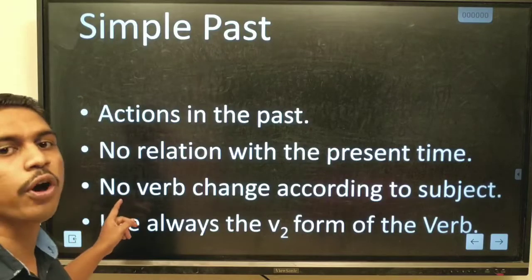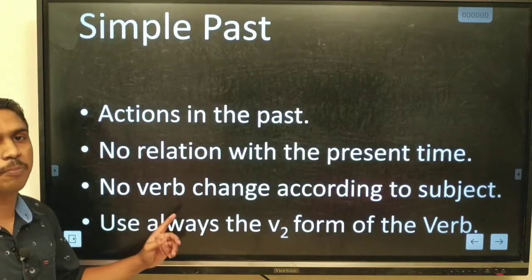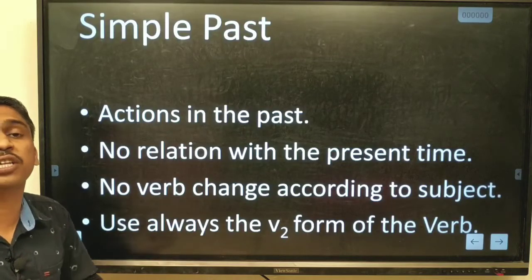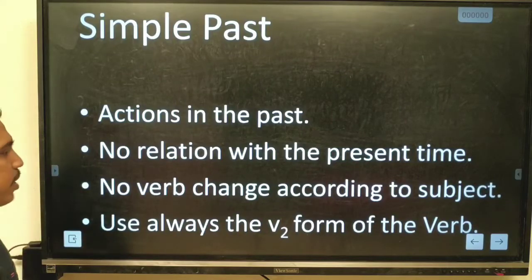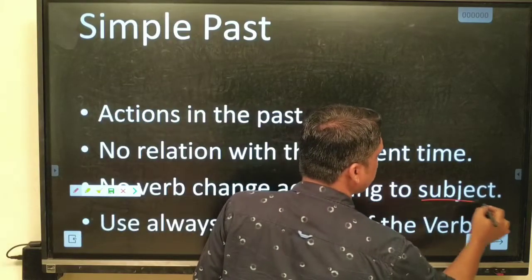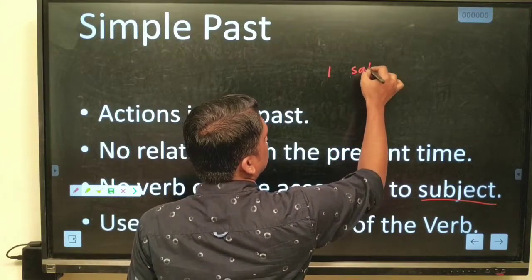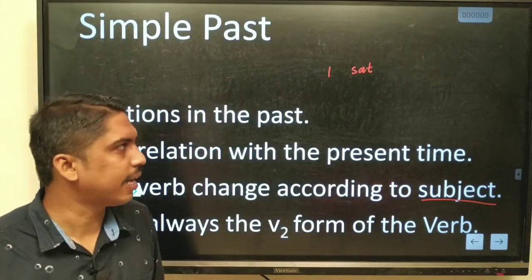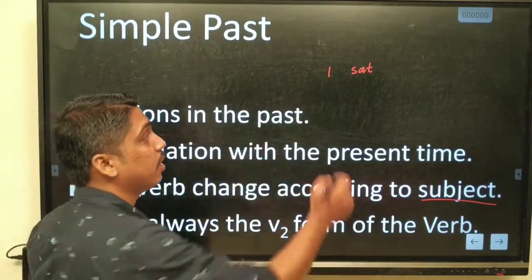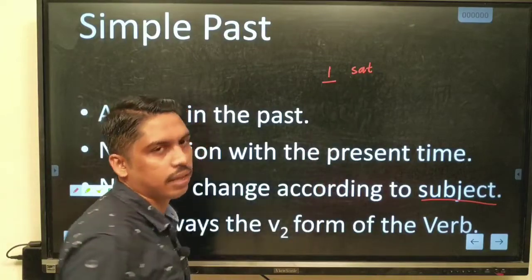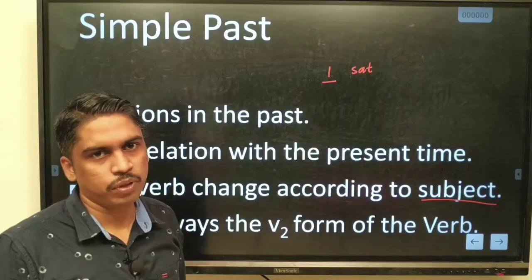And the next point is no verb change according to subject. No verb change according to subject. What is a subject? You know what is a subject? I sat. This is a sentence. I sat. ഞാൻ ഇരുന്നു. So which is the subject in this sentence? Yes, it is I. I is the subject and sat is the verb.